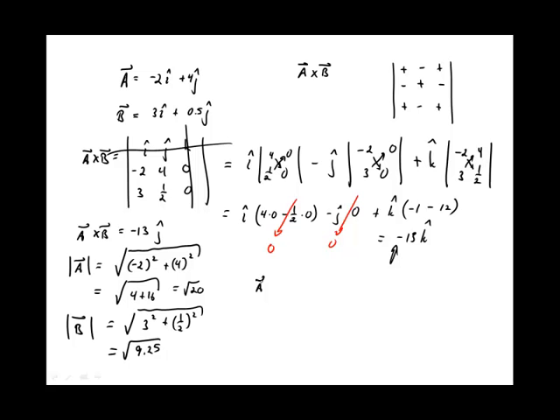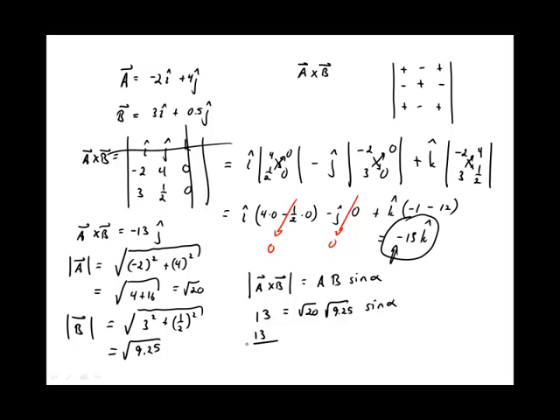And so remember, the magnitude of A cross B is equal to the magnitude of A times the magnitude of B times the sine of the angle in between. But the magnitude of A cross B is just 13. So 13 equals the square root of 20 times the square root of 9.25 times the sine of alpha. So 13 divided by roughly 13.6 equals the sine of alpha. And so alpha equals the arc sine of 13 over 13.6. And I get 72.9 degrees.